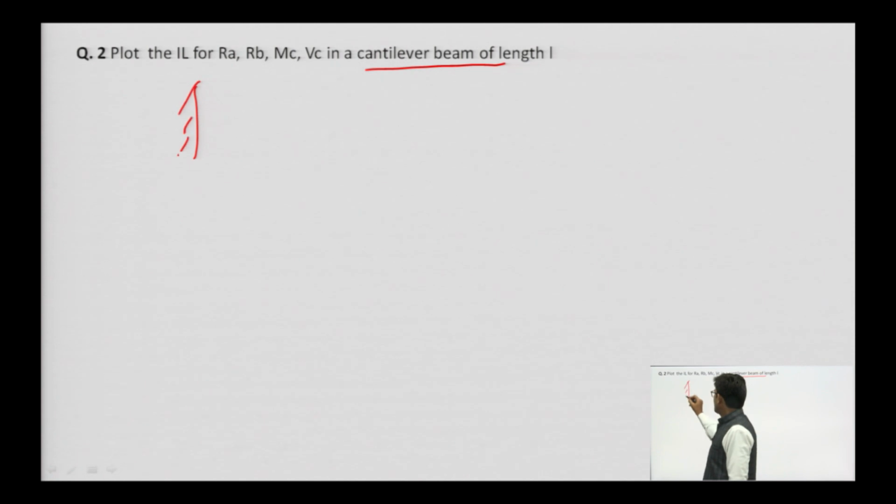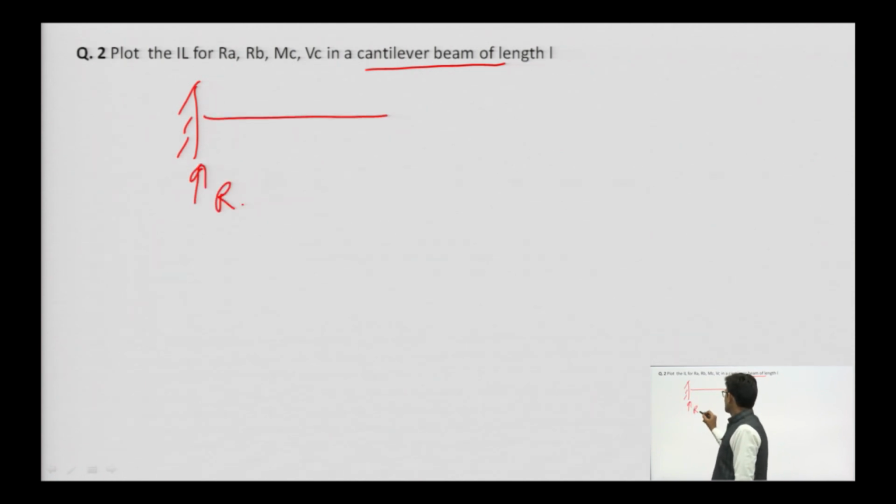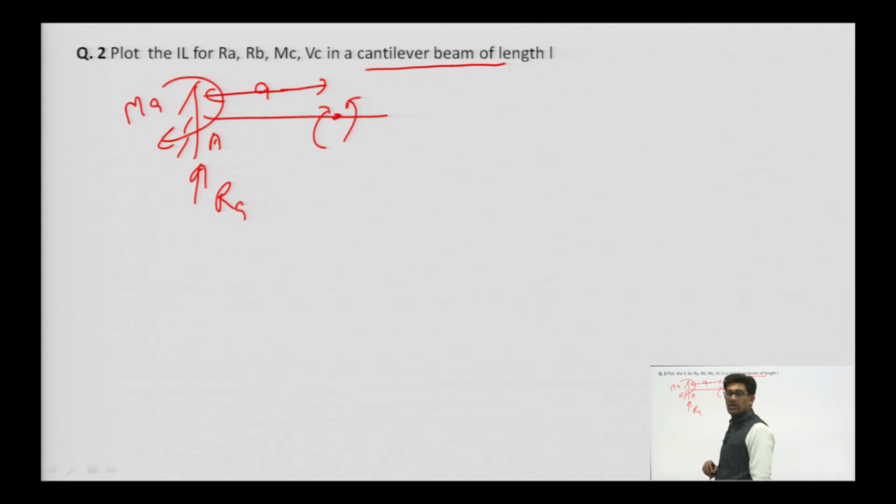We can also plot the IL in the case of a cantilever beam. In a cantilever beam, this is RA and this is the moment MA, if this point is A. At any point C, say this distance is a. We can plot the IL for bending moment and for shear force using the same method.